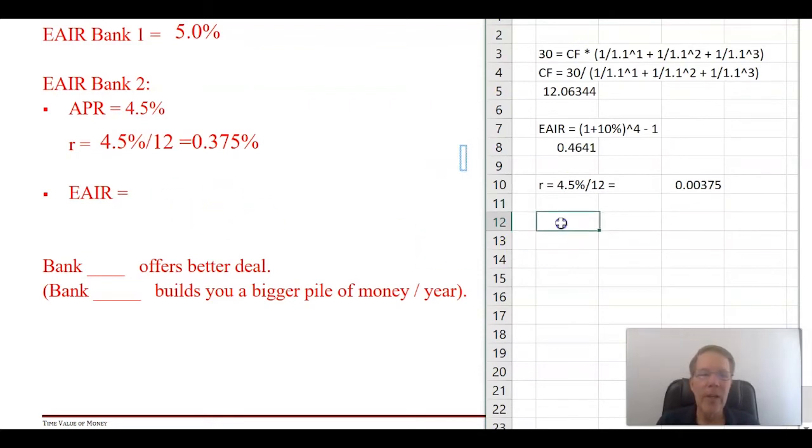So our EAIR now is, we just plug in that native interest rate, 1 plus that, how many compounding periods per year, 12, minus 1. Let's go ahead and compute the answer, and we get 4.594%.